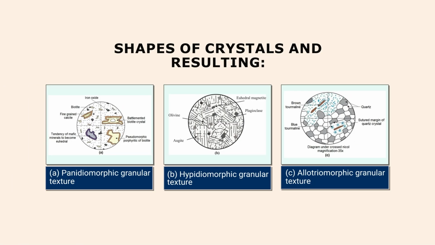All the three textures are shown here with the help of sketches. A, panidiomorphic granular texture on the left hand side top of the screen, and below that you have a hypidiomorphic granular texture, and on the right hand side you have allotriomorphic granular texture.